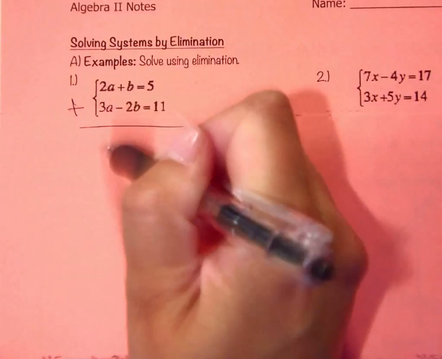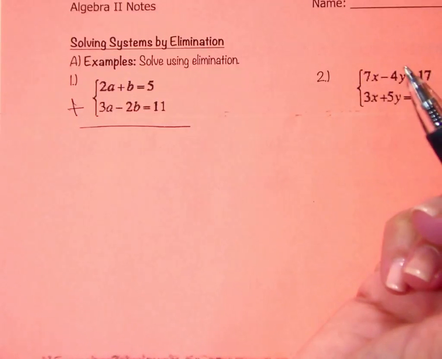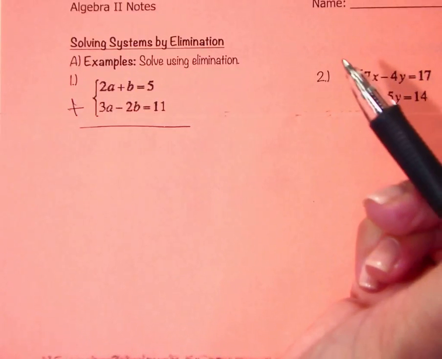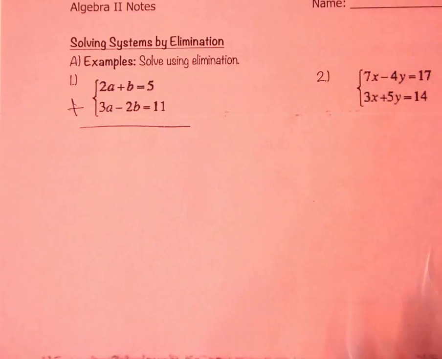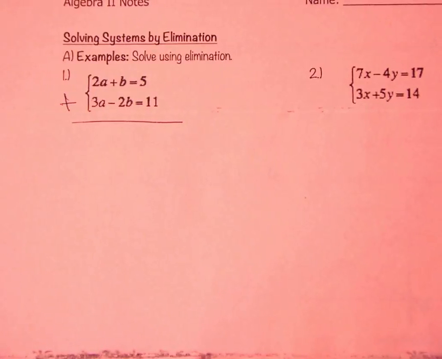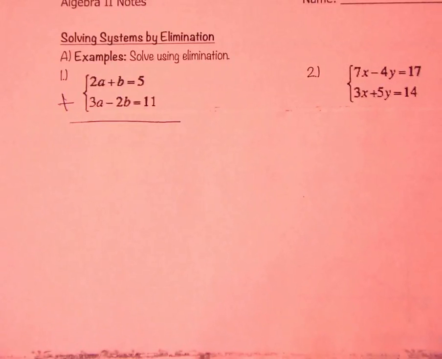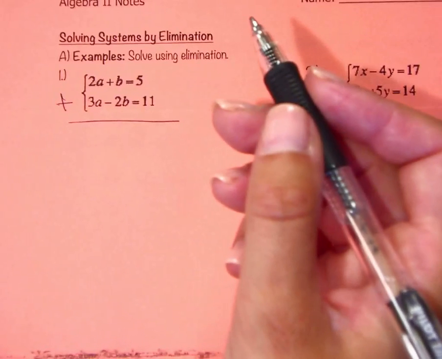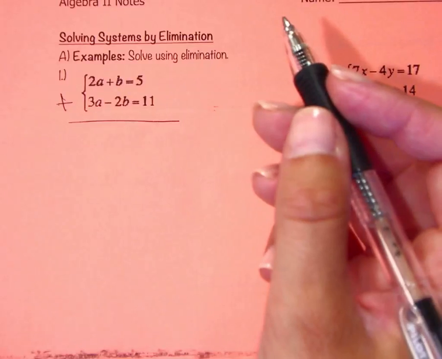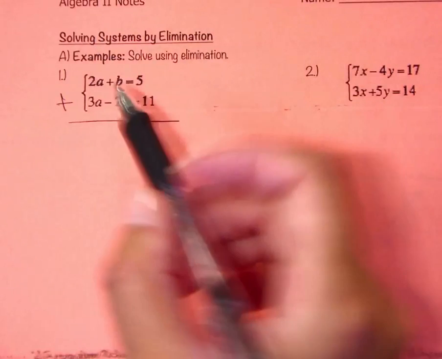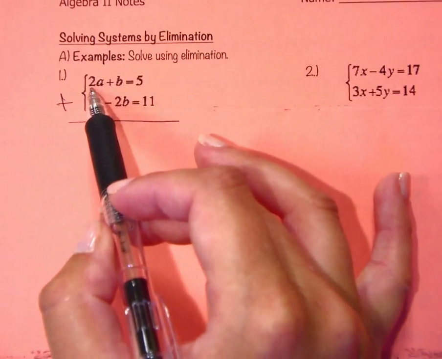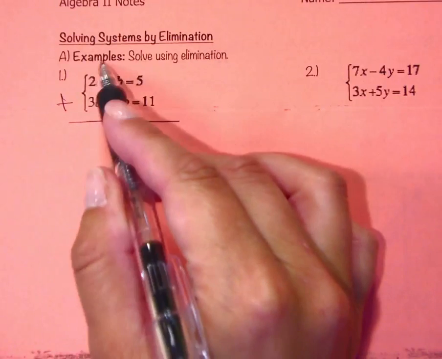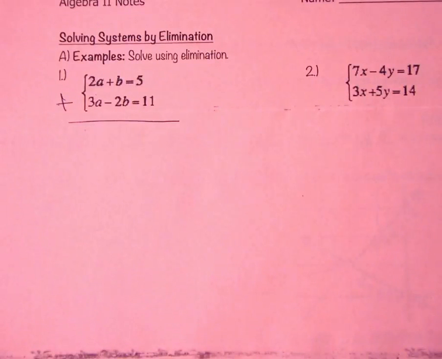Now, if I were to add these two equations as they are, does anything drop out? No. What do we need to do to make that happen? Colin? Make the what? This? Yeah. Well, if I make that negative, when I add down, I still have 1a.